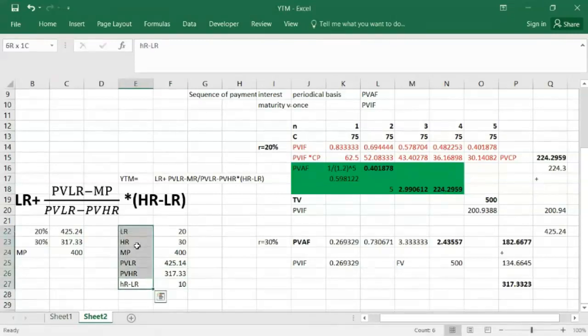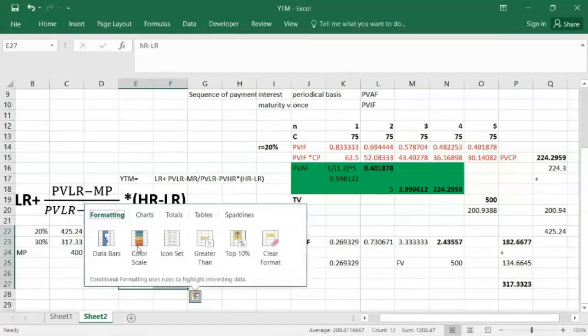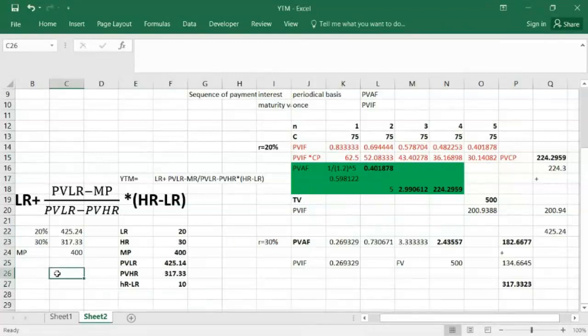So you have calculated the values. The difference is 10%, and the rates are available. You can just substitute the values.